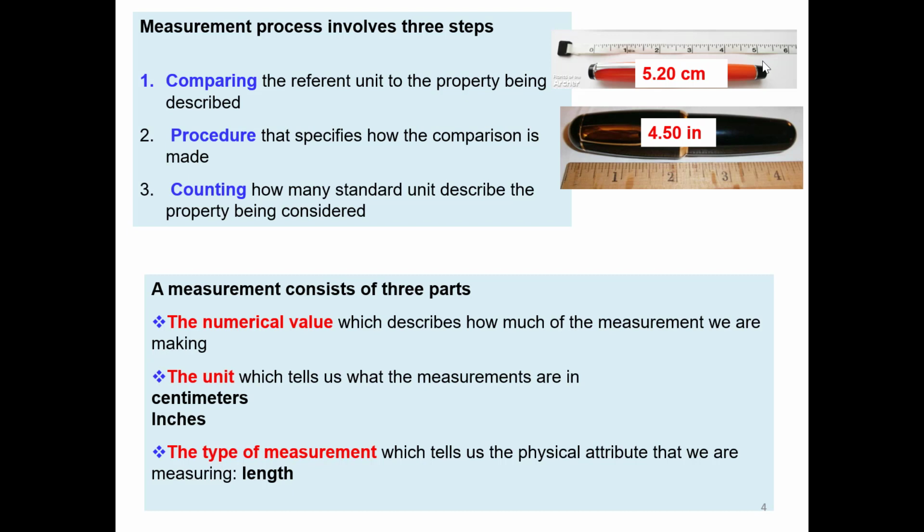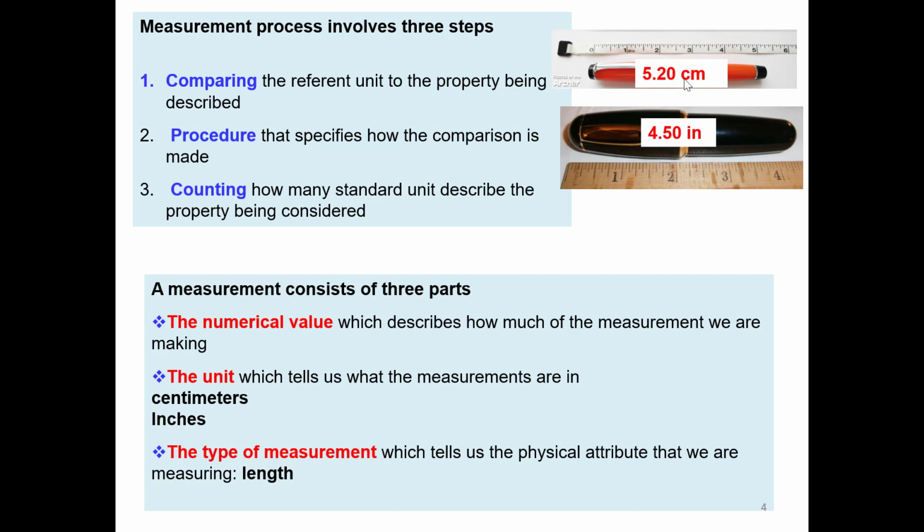In this case, what procedures do we need to follow? The pen should be parallel to the meter, to the scale. If it is not parallel, then the measurement is incorrect.